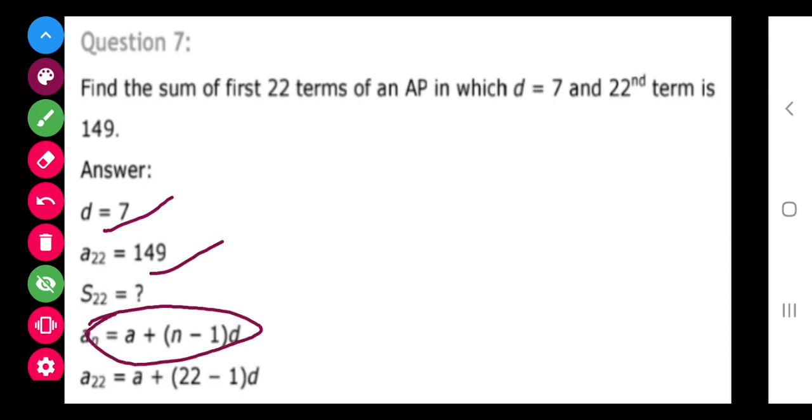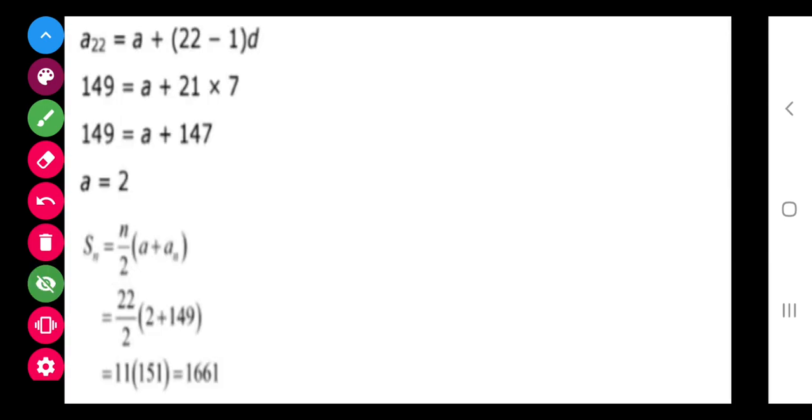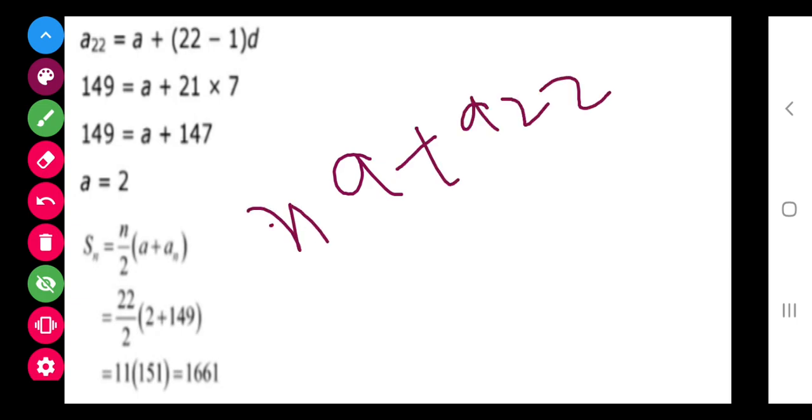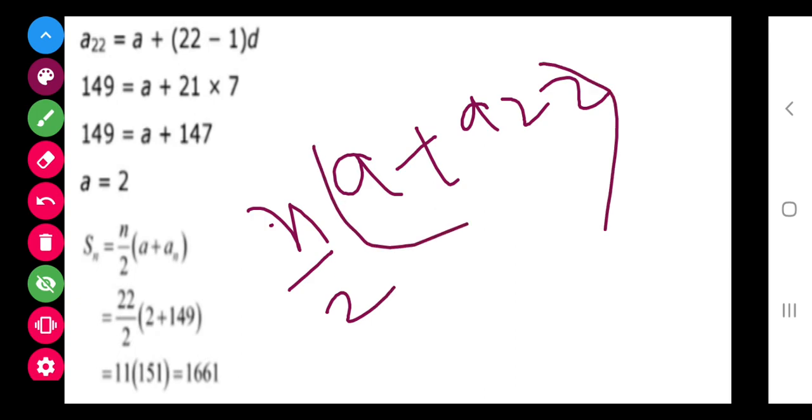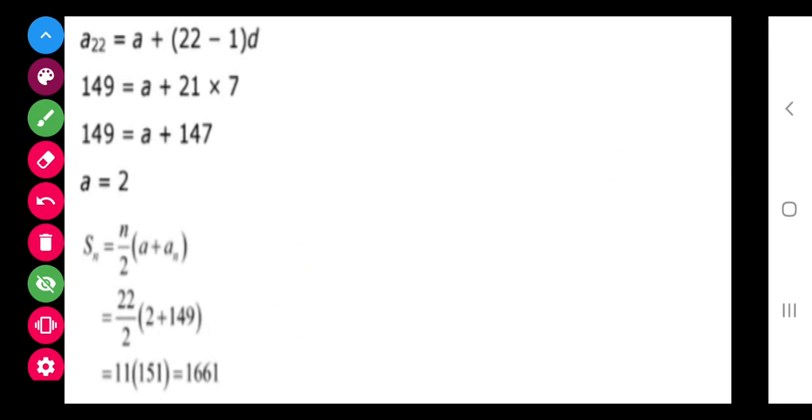You will implement the formula of a22 and you will get one equation from here. After substituting the values and solving, we will get the value of a. Now a we know, a22 we know, that is 22. So we will find the value of S22, that is Sn. This formula we will implement and we will get this answer.